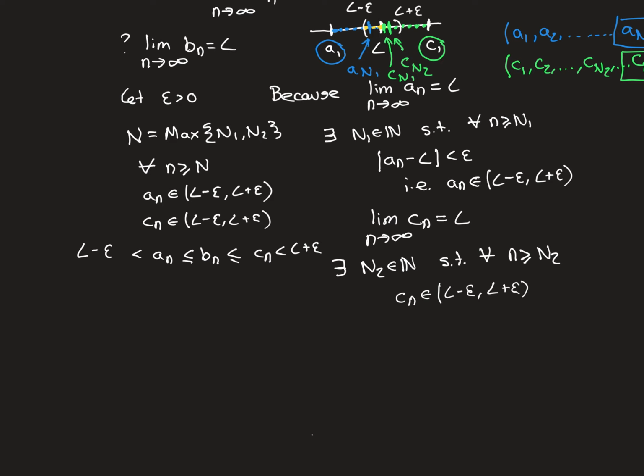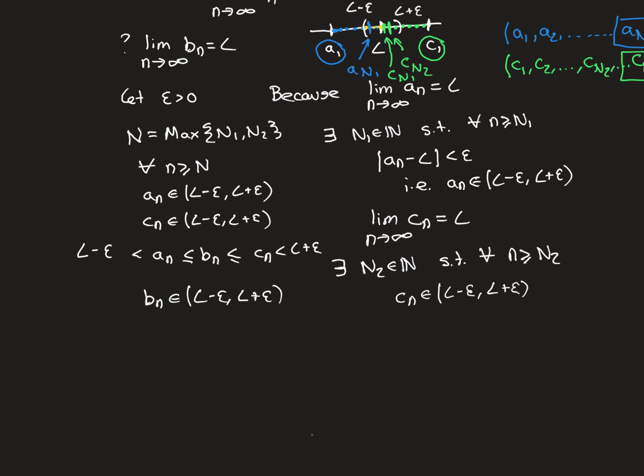So now what have we shown? Because for all little n greater than or equal to big N, this applies. So this inequality is absolutely fine. It's true for all little n greater than or equal to big N, and therefore we can certainly conclude from this that all the b_n's are elements of that epsilon interval around big L.